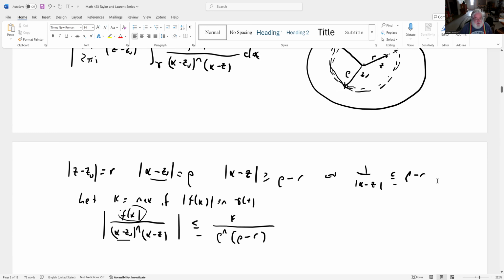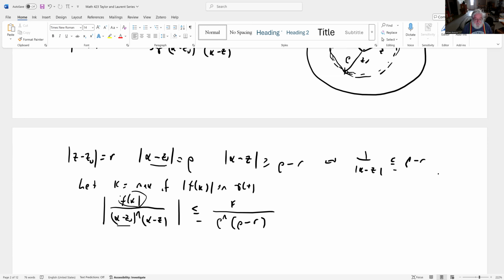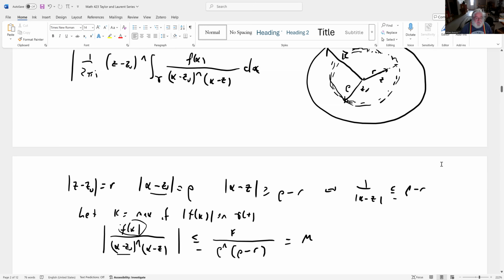So it gives us a bound on our integrand. And the other thing we need is the length of the path, but that's just 2 pi rho.